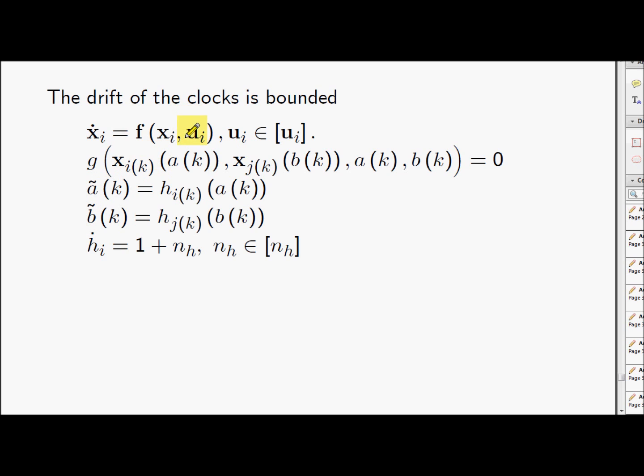Each equation will correspond to a contractor, and I will be able to contract each tube by taking into account each equation, and this has to be done up to the fixed point. So I will have contraction and contraction, and I will stop as soon as I have no significant contraction.